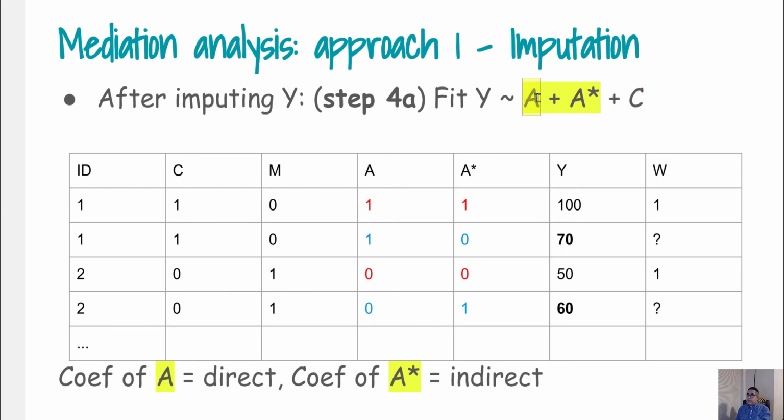That means that whatever coefficient we get associated with A is going to give us the direct effect. Whatever coefficient we get associated with this A star will give us the indirect effect via the M variable. So that is the interpretation that we will get out of this regression. And this explains how the imputation method works when we are dealing with the mediation analysis.